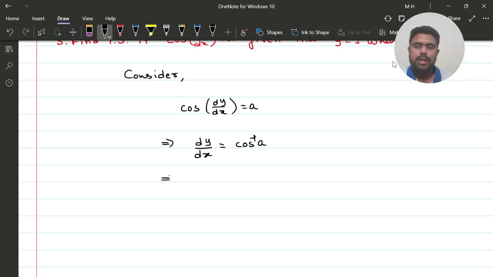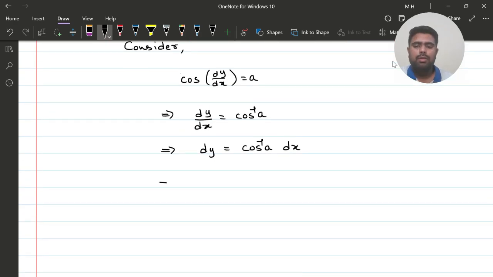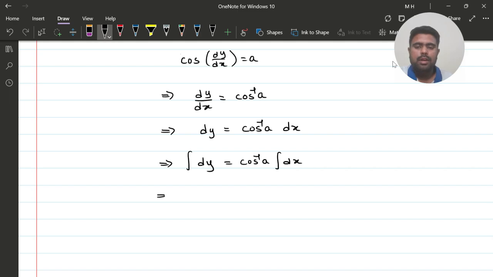So this implies dy is equal to cos inverse a dx. Now if I integrate this equation on both sides, cos inverse a is anyway a constant, so I'll keep it outside, and I'll get the integral of dx. The integral of dy is the integral of 1 dy.